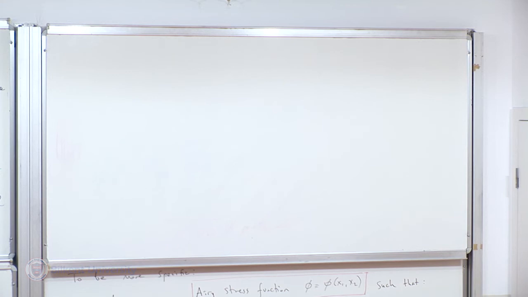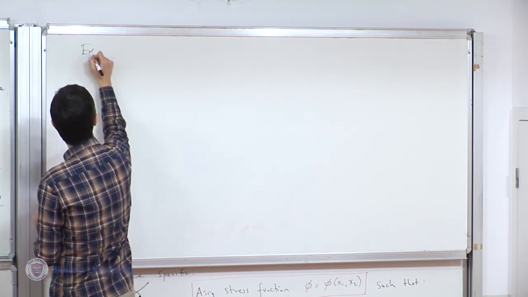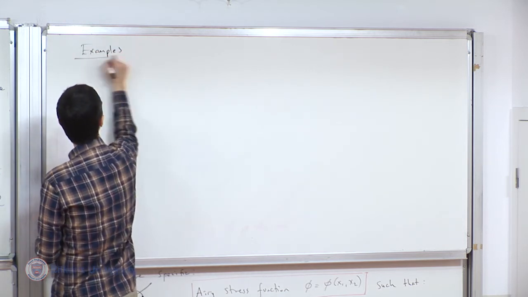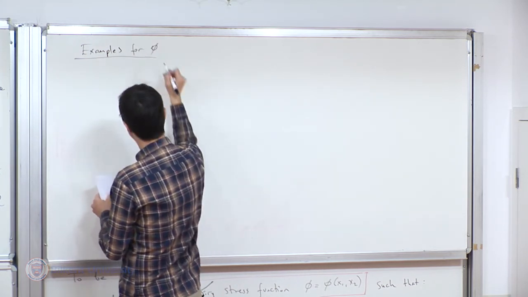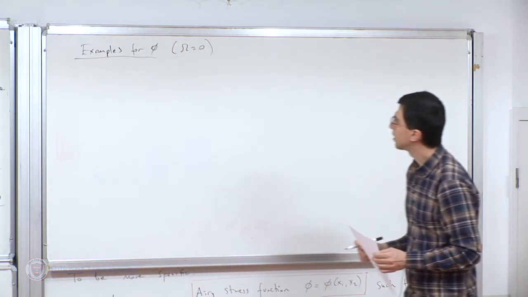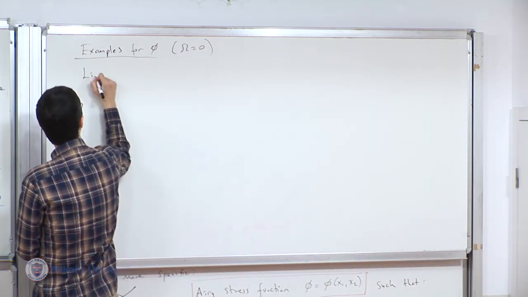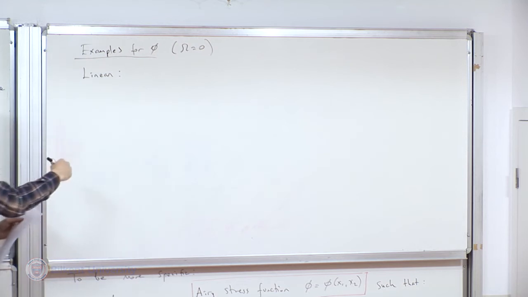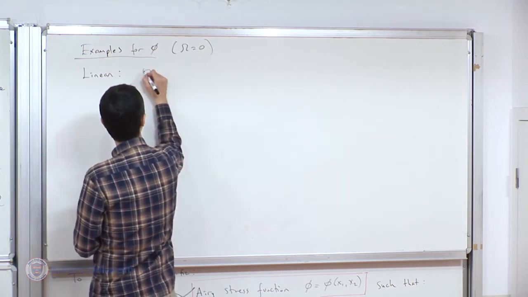And depending on the polynomial order, I would like to show you the resulting stress field so that we understand the basic relation between functional polynomial orders of Airy stress function and the stress. So examples for phi. And just for convenience here, I'm going to assume that the body force is equal to 0. I will, in order, choose 4 Airy stress functions: linear, quadratic, cubic, quartic. And the first one is linear.